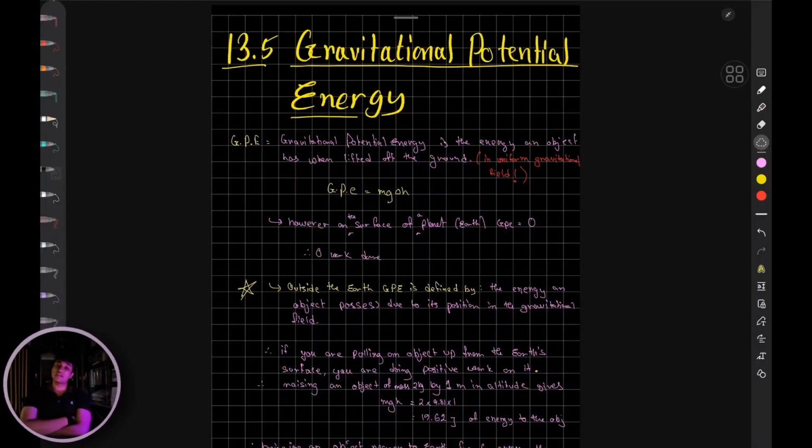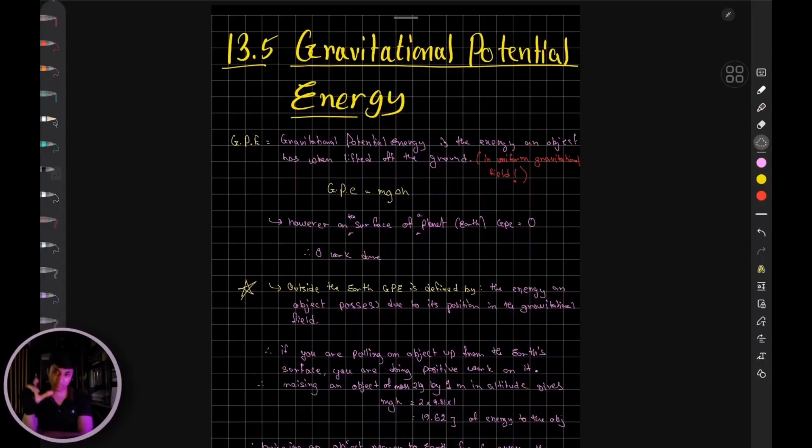You might have already studied this in O-level or previously. And in those cases, what we used to do is consider the gravity to be constant. We used to consider gravity to be 9.81, considering the change in height is very small compared to the radius of Earth.